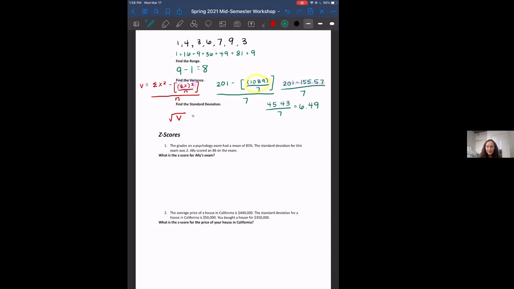All right, perfect. So it looks like everyone got that one. So it's the square root of 6.49. Can anyone tell me what the correct answer was? 2.55. Good, thank you. 2.55.